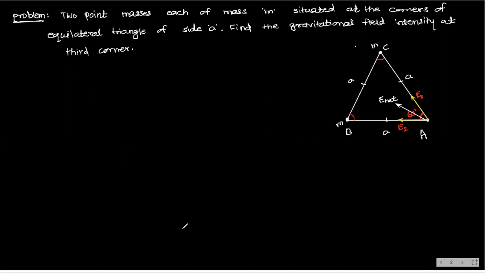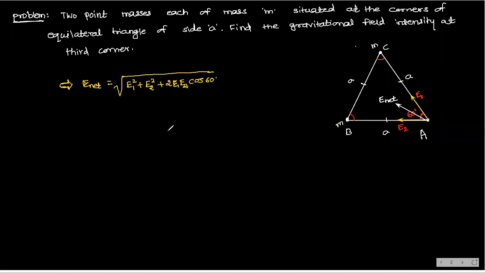Right. Now see here. E net is equal to, what is the formula? E1 square plus E2 square plus 2 E1 E2 cos 60.